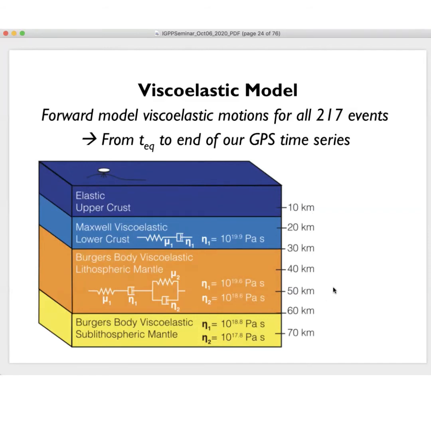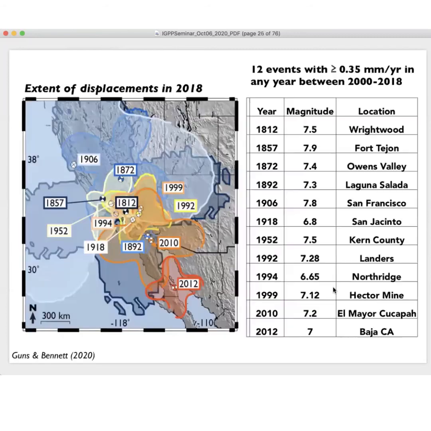Once we model all those events, these are the 12 events that actually seem to matter, again, based on that particular model. They're listed here on the right, and they're plotted here on the left, and we'll dig into this plot in just a second. These are the 12 events that have measurable GPS displacements in any year of our time series, so any year 2000 to 2018.